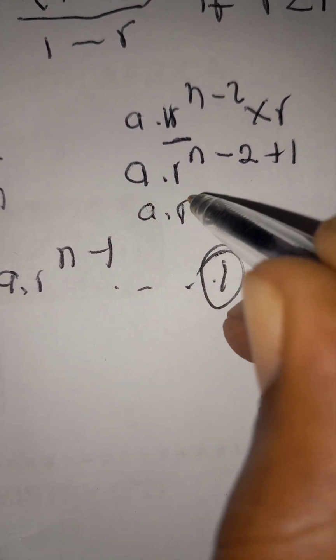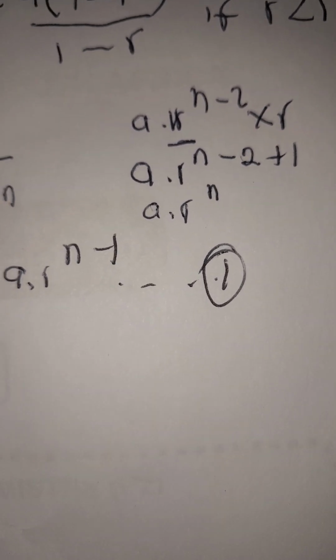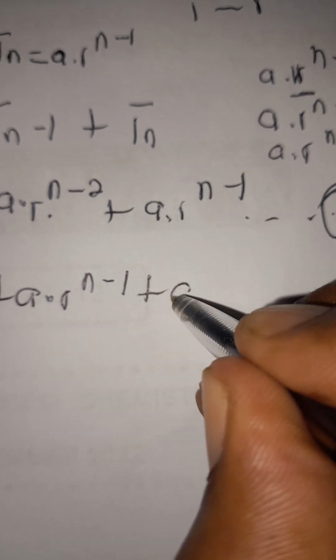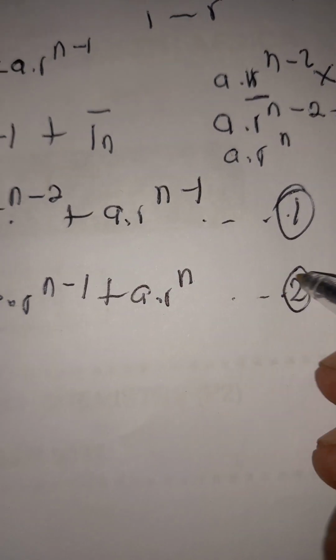Negative 2 plus 1 is the same as negative 1. So that's why it's ar^(n-1). But when we multiply the last term, we are left with ar^n. So that's equation 2.